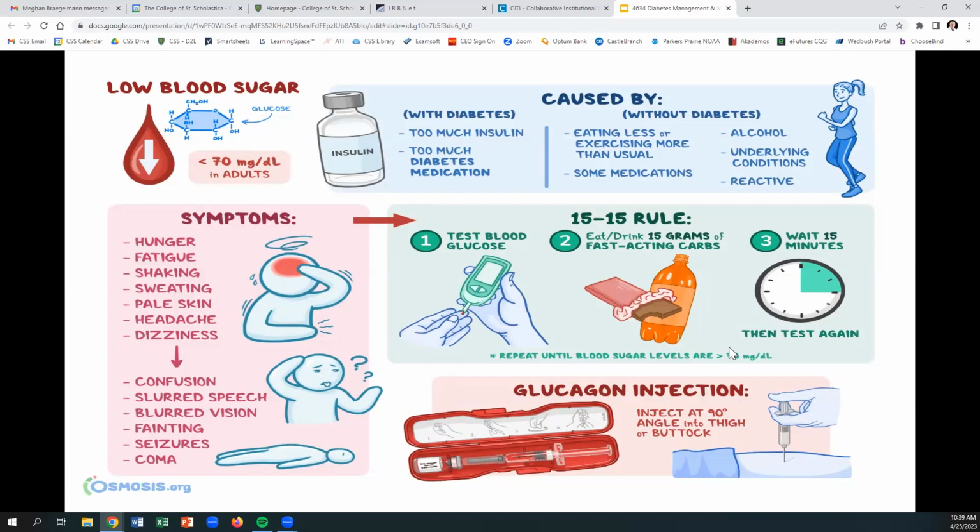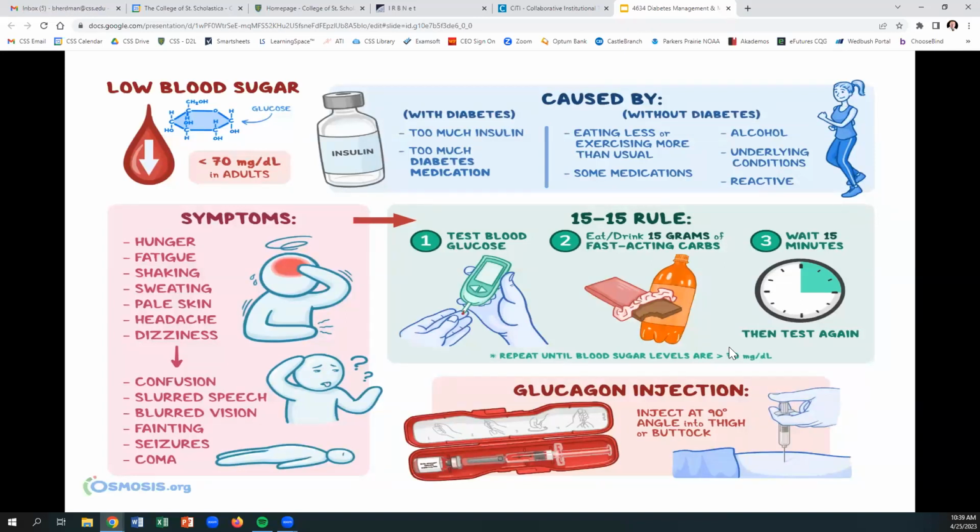Typically, when it comes to correcting low blood sugar, there is a 15-15 rule. So we'll take someone's blood glucose. If it's lower than policy, so let's say it's lower than 60, it's 55, right? We're going to give them 15 grams of a fast-acting carb.